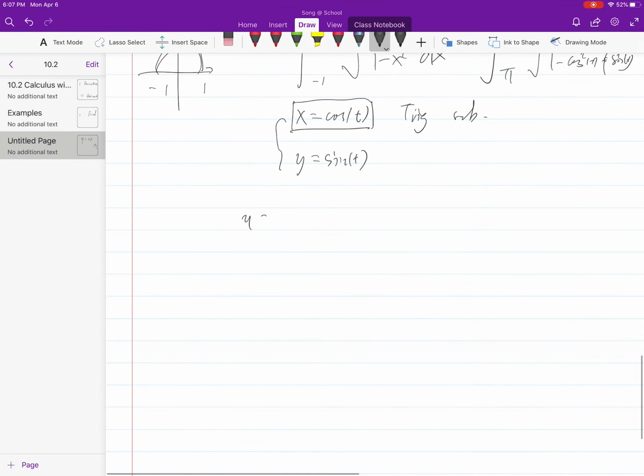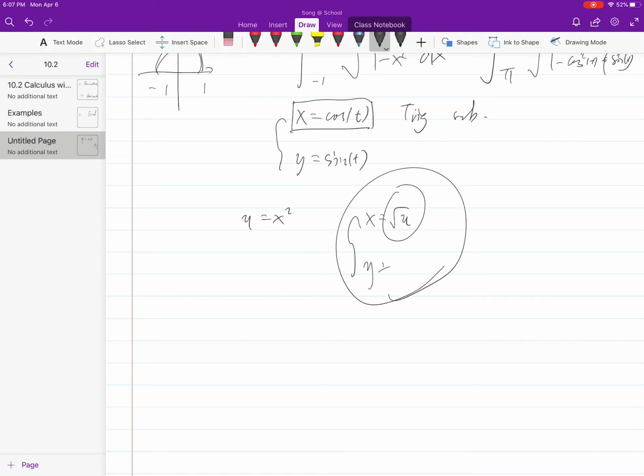Actually, if you think about any u sub, any substitution we did before, it's simply a change of variable. For example, you take u equals x squared. What do you mean by that? That is basically, my x equals square root of u. I got a new variable, a parametric variable, to rewrite my old function. So actually, we are doing parametric all the time.